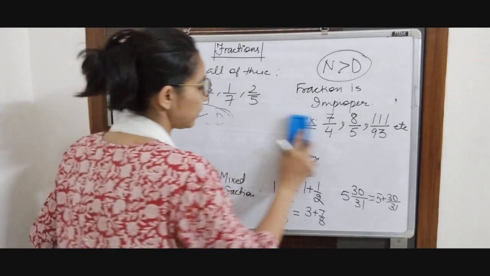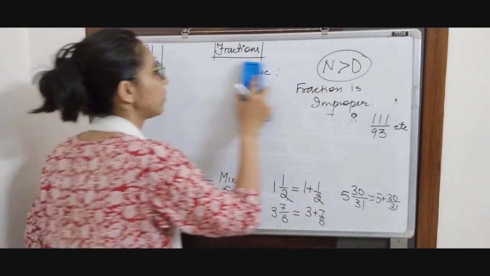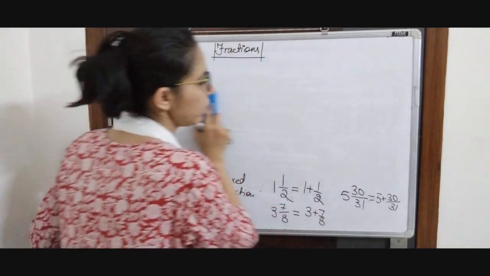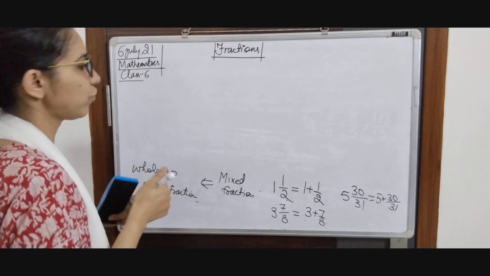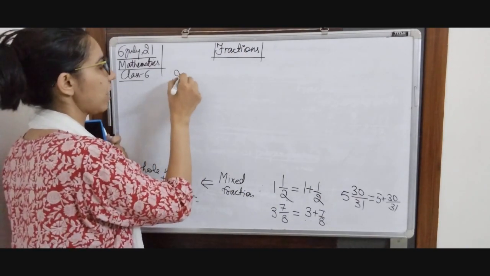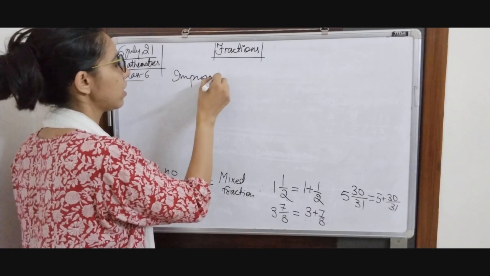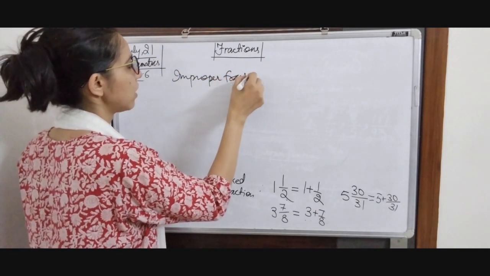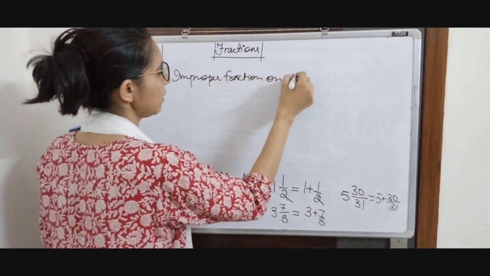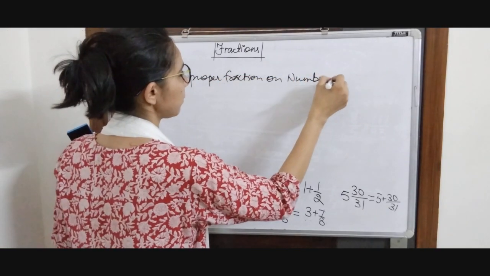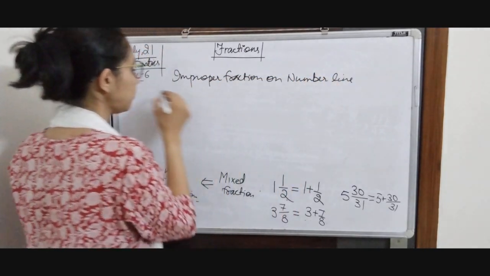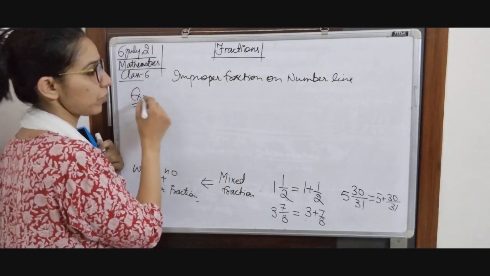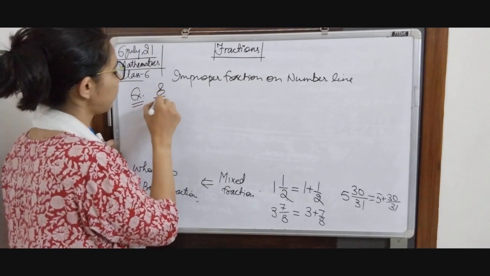Now we are going to take one example of an improper one. Now we have an improper fraction on number line. For example, we have to represent, suppose, 8 by 5.